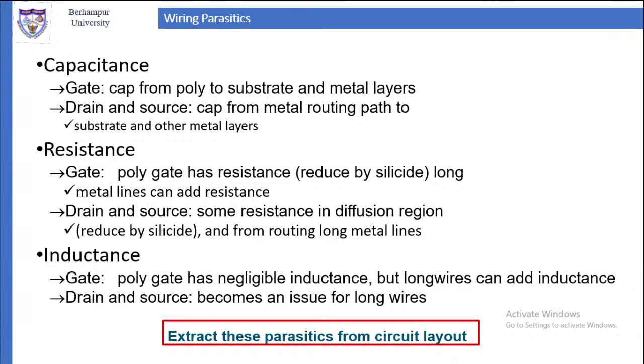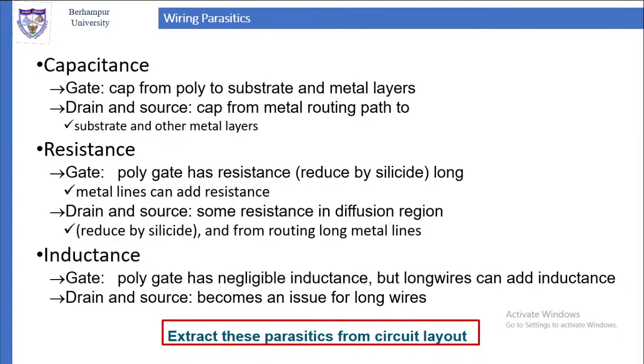Then inductance: again, the polygate has negligible inductance. Now what is polygate? I am saying polygate most of the time. Polygate is basically the connection of the wire to the MOS.